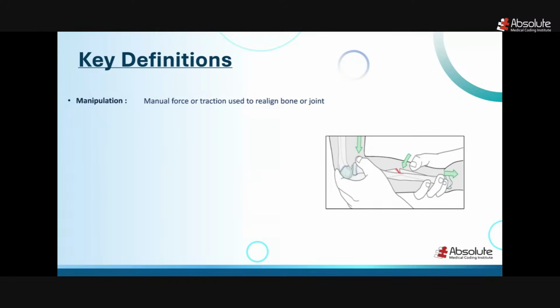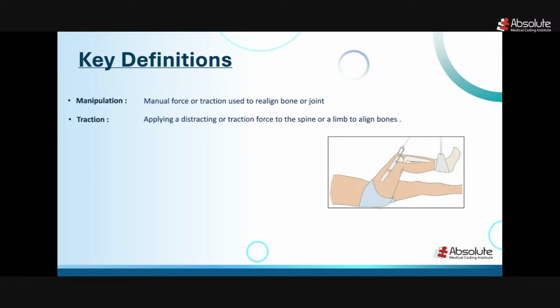Now, next up is traction. Another key term you will see when coding fractures and dislocations. So traction is application of a pulling or distracting force to the bone or joint, and it is usually done on the spine or a limb to help align the bones properly.